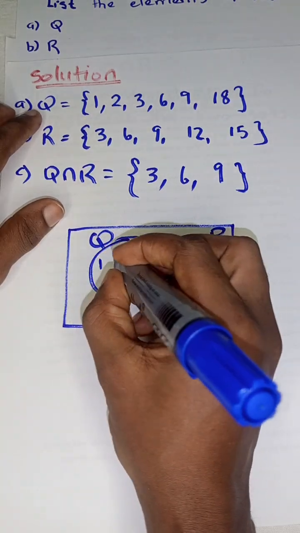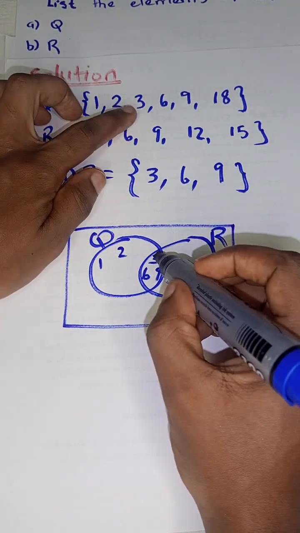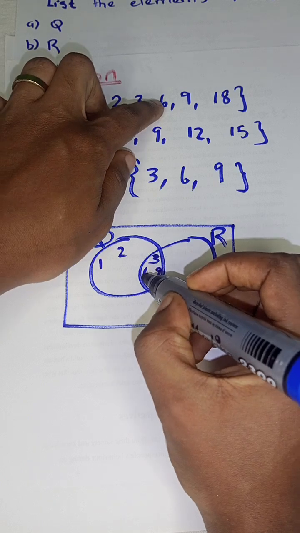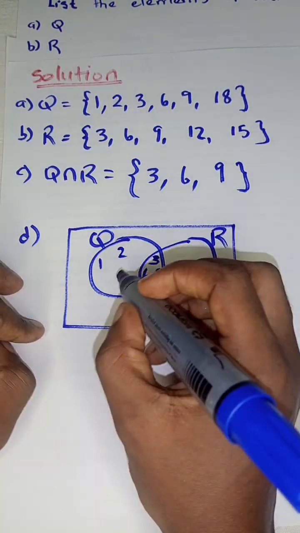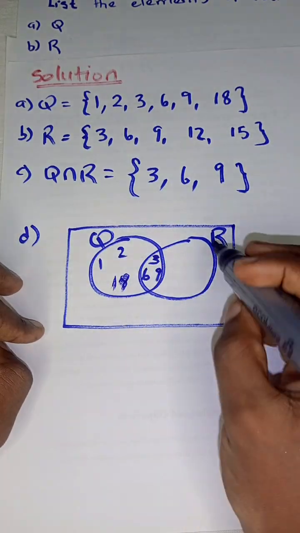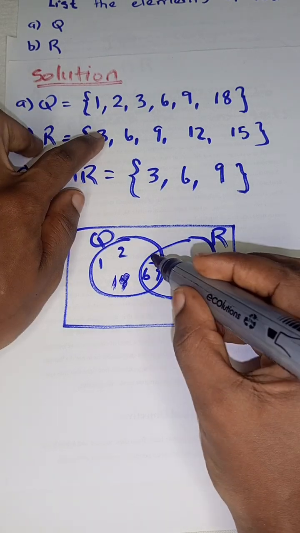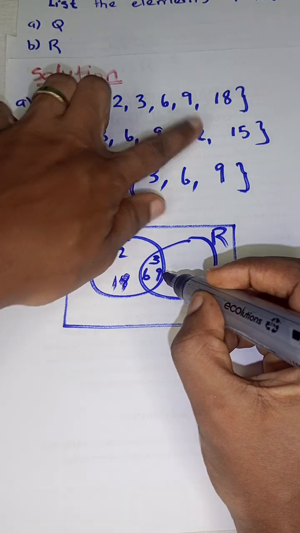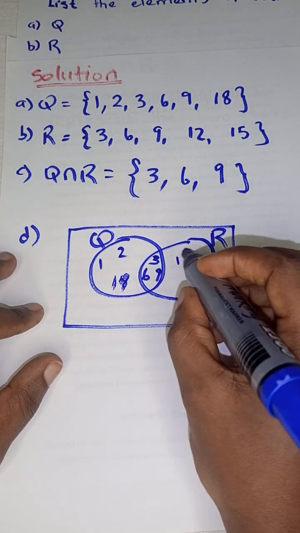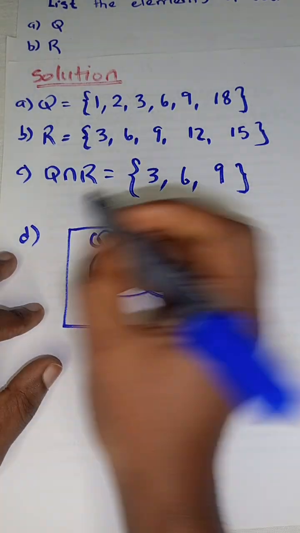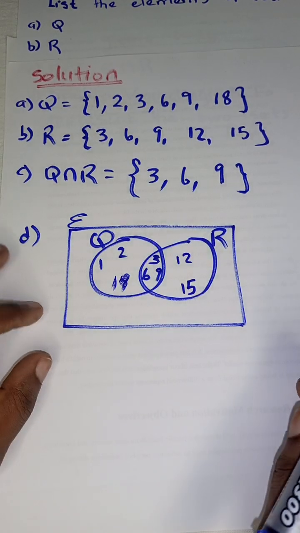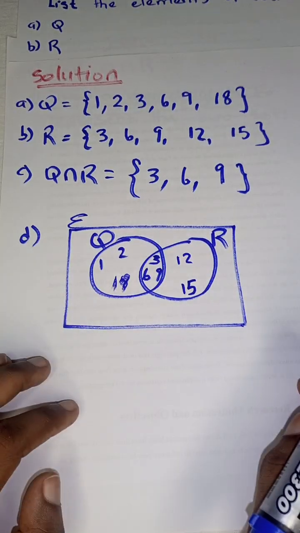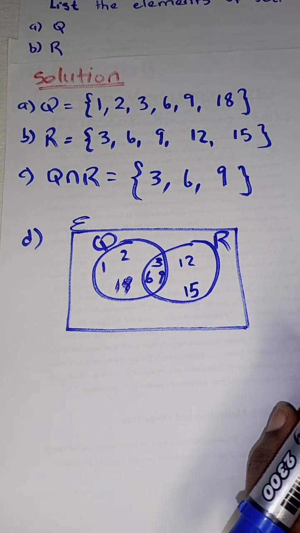We have 1, 2, 3 is already in here, 6 is already in here, 9 is already in here, and then we are left with 18. Same thing with R: 3 is in here, 6 is in here, 9 is in here, and we are left with 12 and 15. So that is the Venn diagram representing the sets.